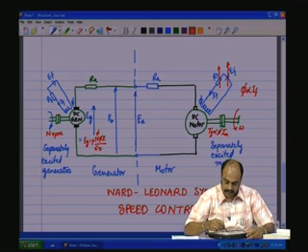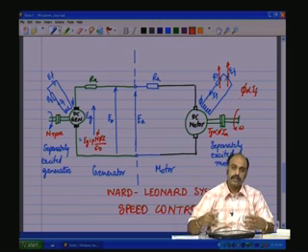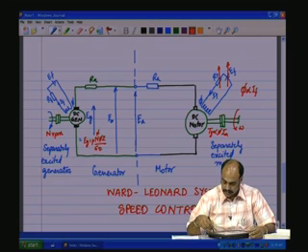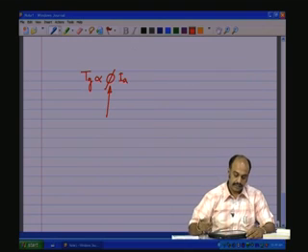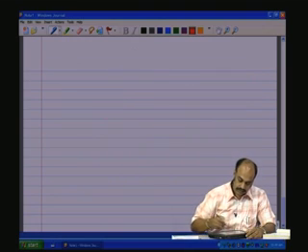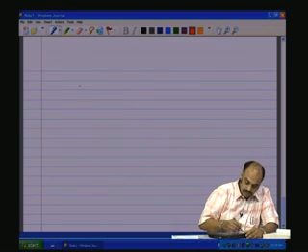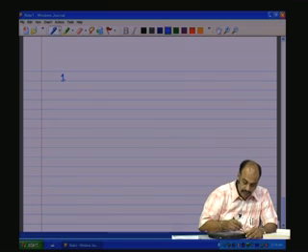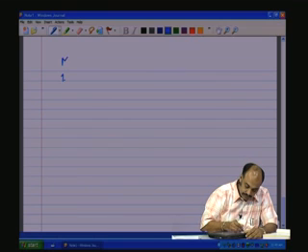But the manner in which we are going to change phi is going to depend also on the way the motor is going to be excited. Generally, we have three main categories for motor field excitation.